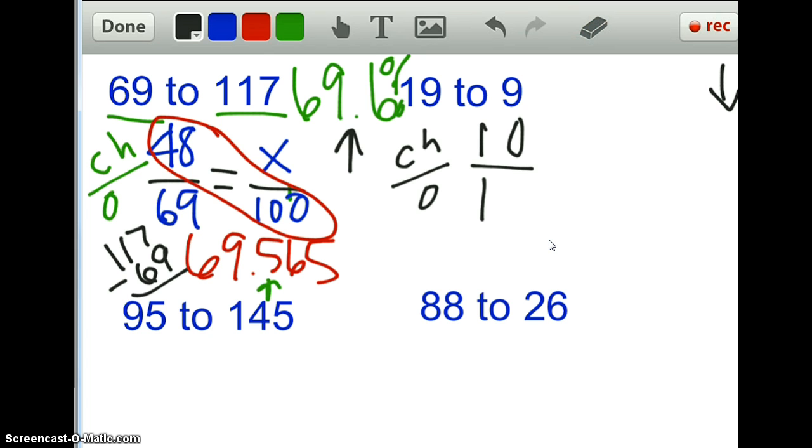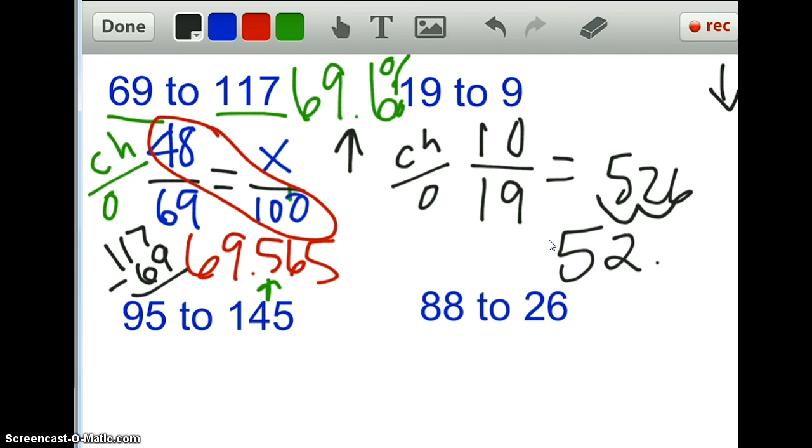My original was 19. So this time I'm just going to take 10 divided by 19, and it gives me 0.526. I didn't do the times 100, so in order to do that, I've got to move it over 2 places. So I get 52.6%. And I know it's a decrease because I said that earlier.